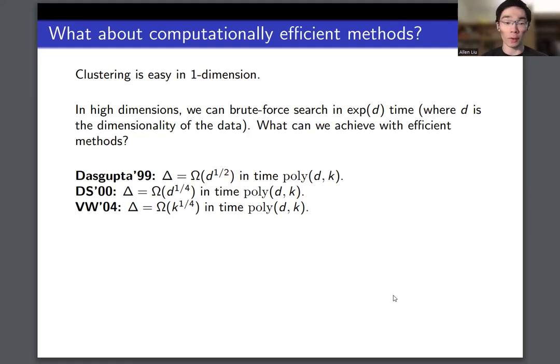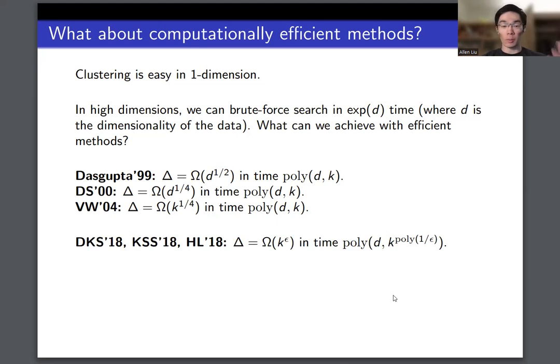This was the state of the art for over a decade until a fairly recent line of works achieved the following guarantees. If the separation is k to the epsilon for some positive constant epsilon, then these algorithms can provably cluster the data with runtime polynomial in D and k to some polynomial in 1 over epsilon. So 1 over epsilon goes in the exponent of the runtime.